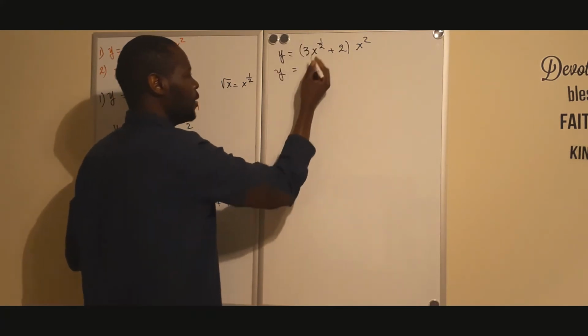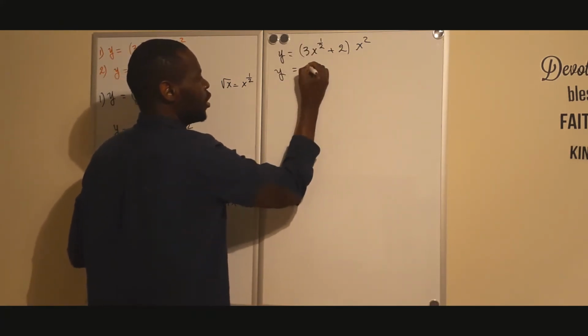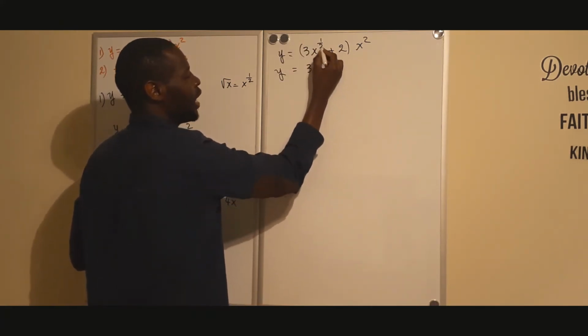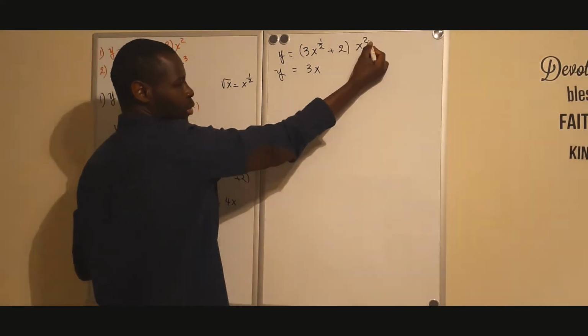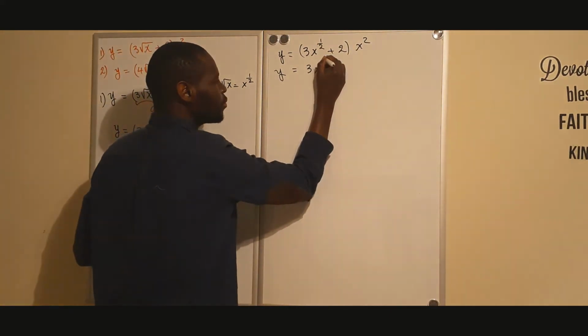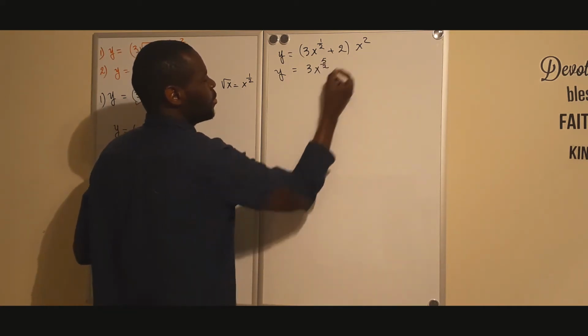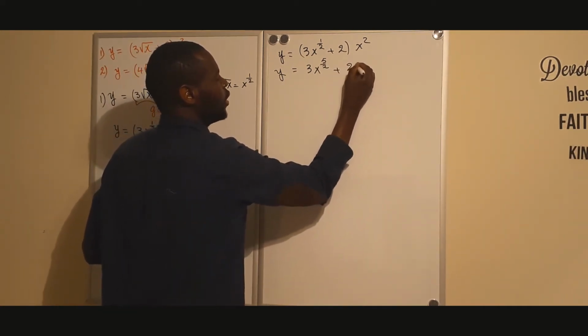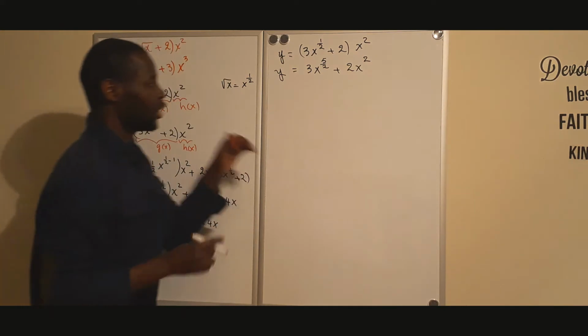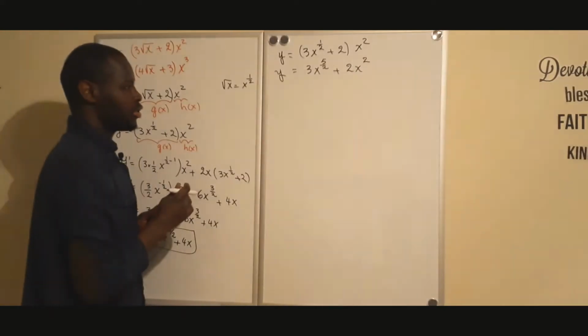We will multiply all the expressions. So we have 3x to the 1/2 plus 2, which is 5/2, right? Because 2.5 plus 2x squared. So all I did was just distribute.